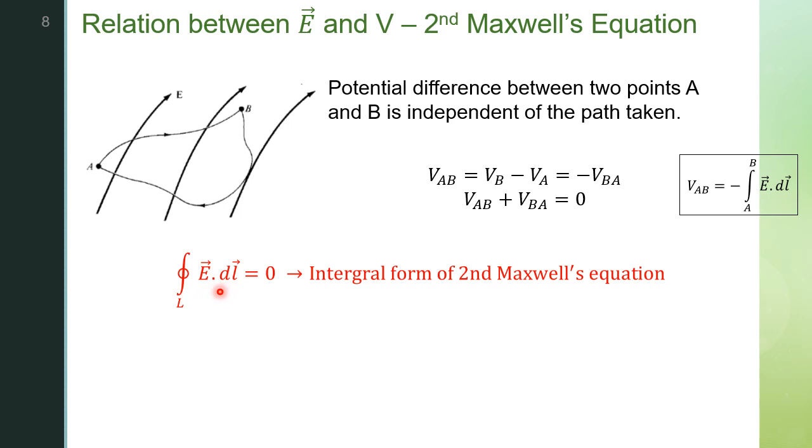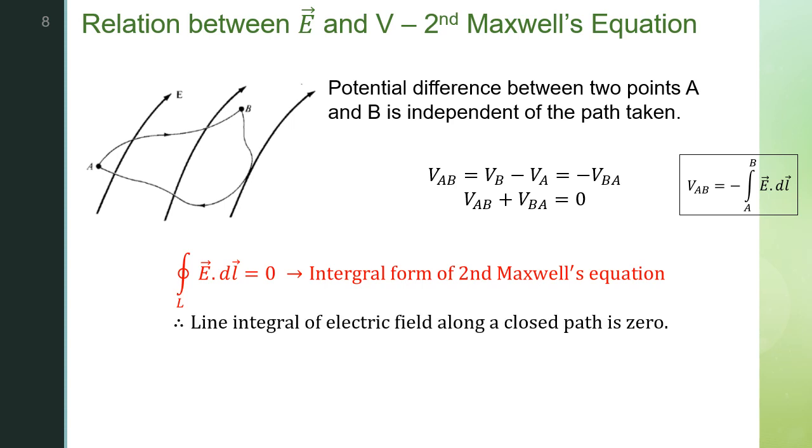It is a closed integral because we are moving from A to B and back from B to A, so it is a closed loop L. Therefore, closed integral L E dot dl is 0, and this is the integral form of the second Maxwell's equation.